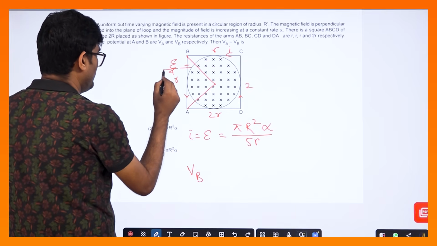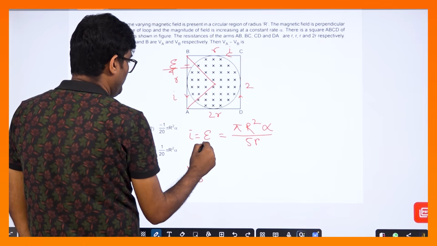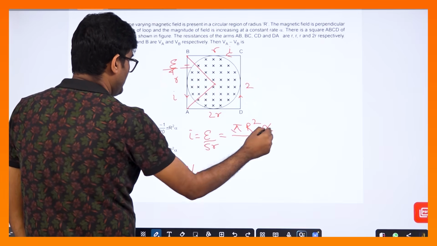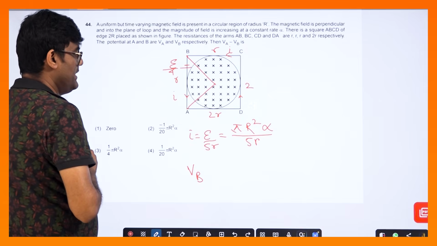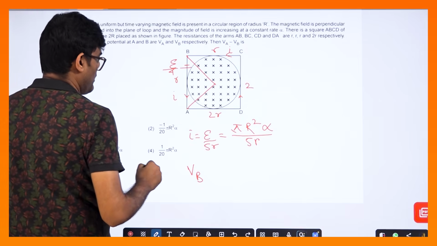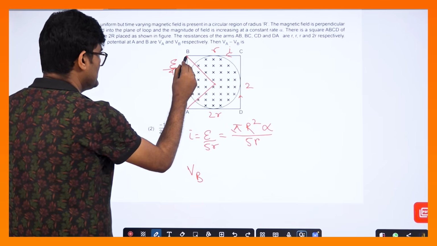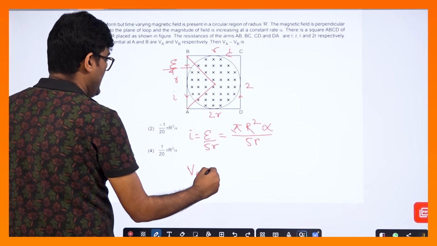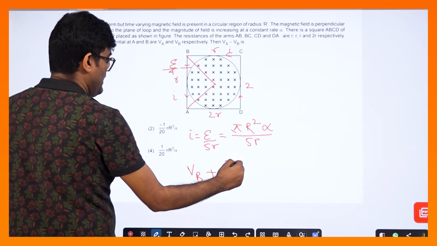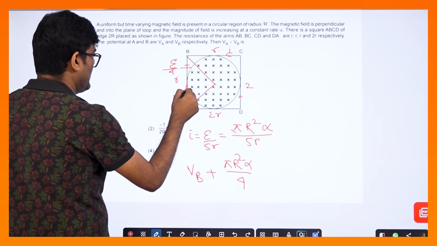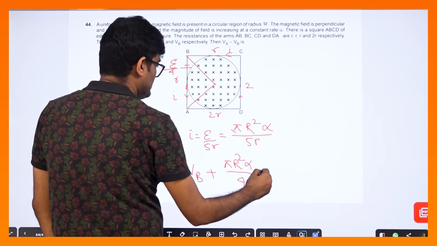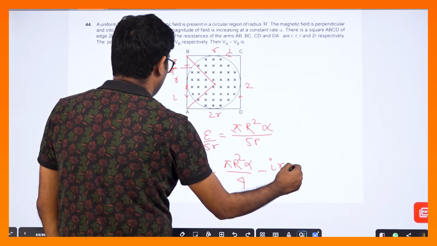This EMF is E by 4 because the total EMF is pi R squared alpha. So each of the rods has pi R squared alpha by 4. So if this is VB, then I will add E by 4, pi R squared alpha by 4, and there must be a resistance, suppose small r, so it is minus I into small r.